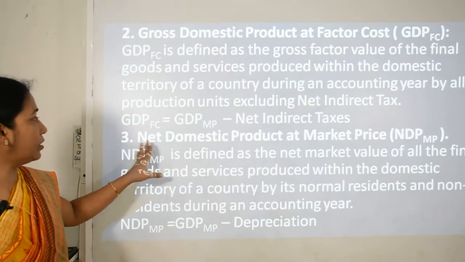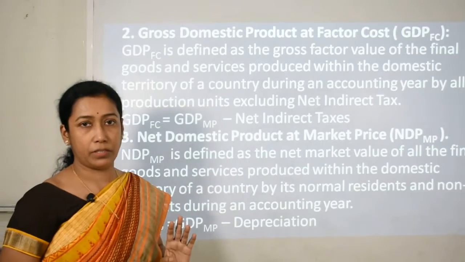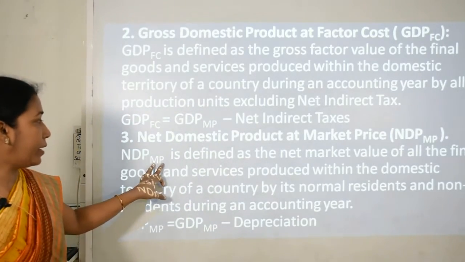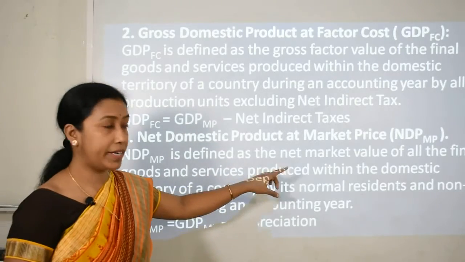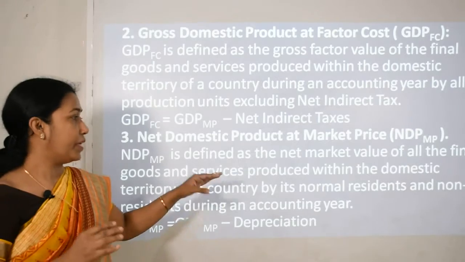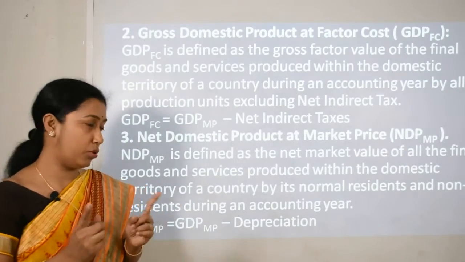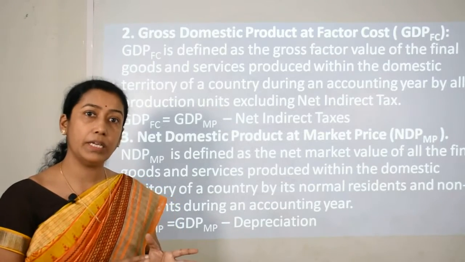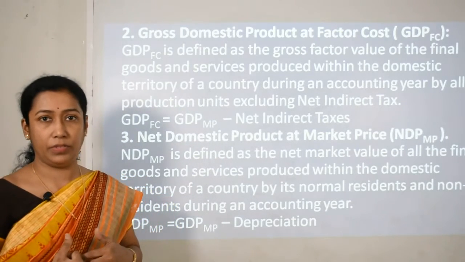Third is NDP at market price, that is net domestic product at market price. NDP at market price is defined as the net market value of all final goods and services which are produced in a particular nation, that is within the domestic borders of the nation, during one financial accounting year by residents as well as non-residents of the country.